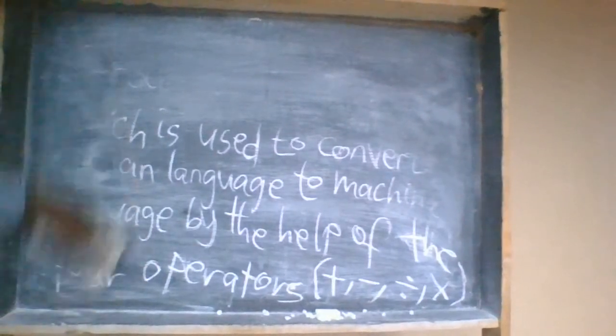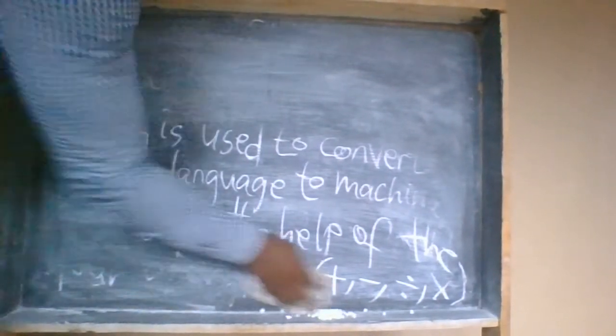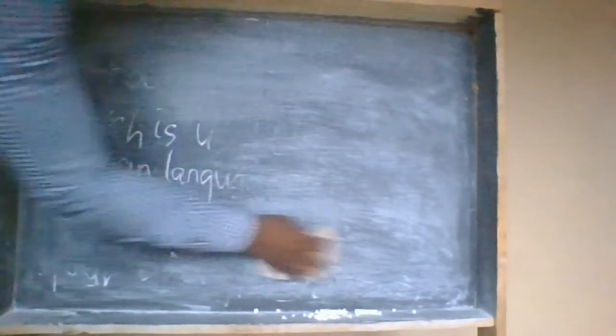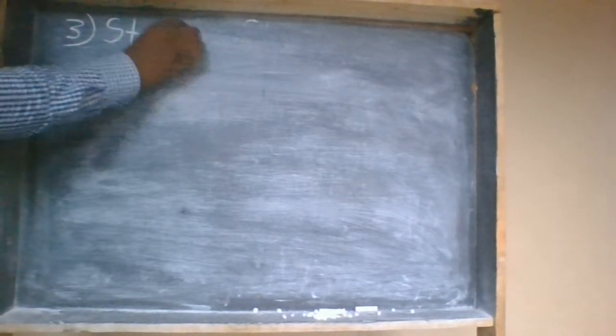The third component of a computer system. Okay, so number three, the component of a computer is also what we call storage.